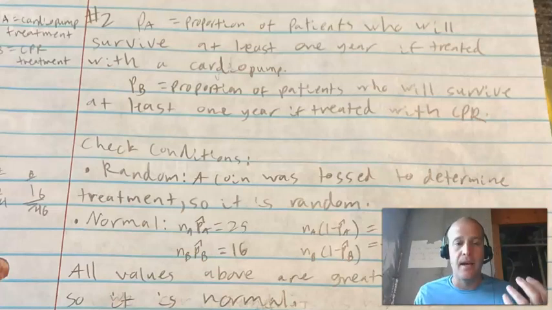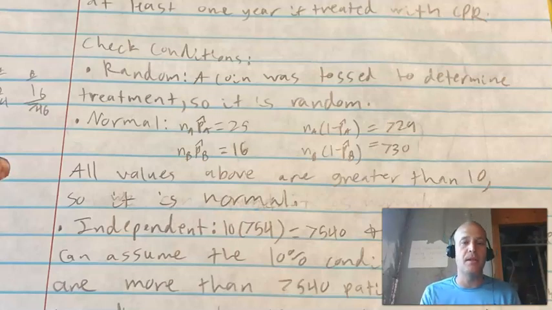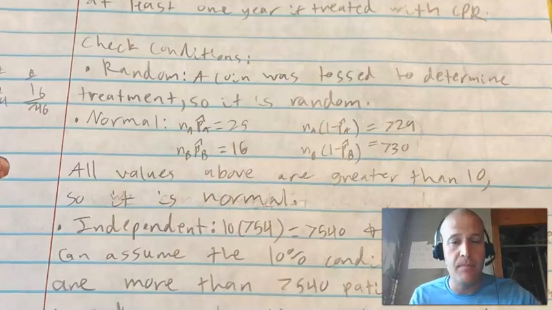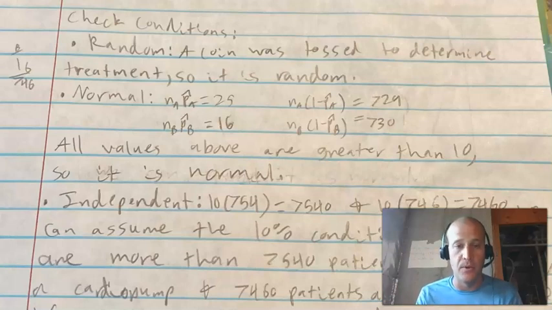All right. The next thing you see is they're checking the conditions. So this being proportion, we're going to restate something from the prompt talking about randomness. And then the big item here is recognizing that for the normal condition to be true, every success and failure is more than 10.